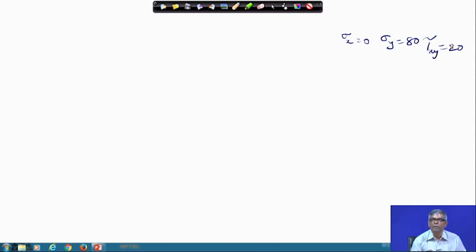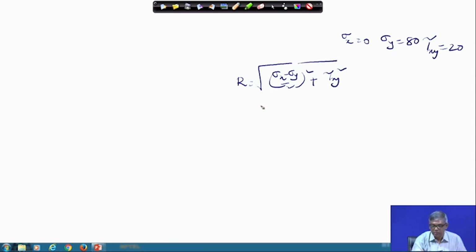This is the value given, and then if I want to do the Mohr circle method, the radius of the Mohr circle expression is r equal to under root of (sigma x minus sigma y by 2) whole square plus tau x y square.